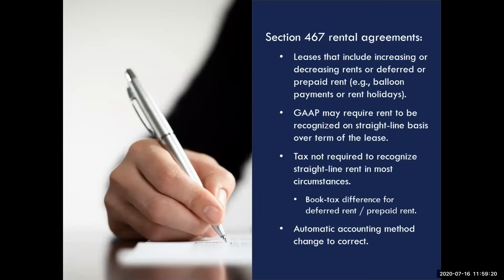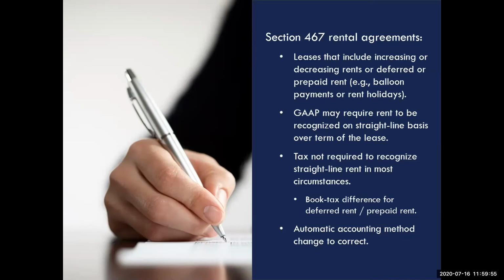Section 467, as I referenced briefly earlier when we were talking about the revenue recognition rules, is a special revenue and expense recognition set of rules for leases that have deferred or prepaid rents. So if you have a rent holiday, if you have a balloon payment either at the beginning or the end, they will impact how that rental income and rental expense is reflected on the tax returns as well as the financial statements. It requires us also to recognize typically an interest component in connection with these.